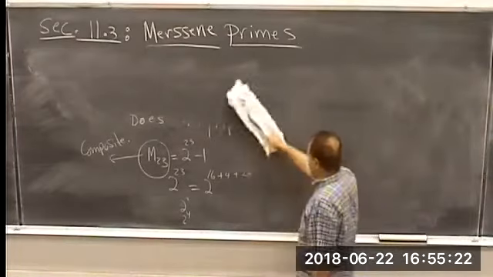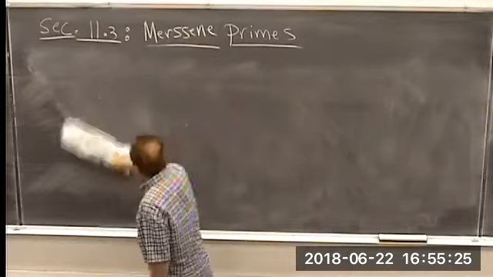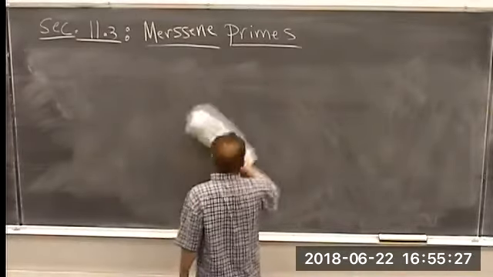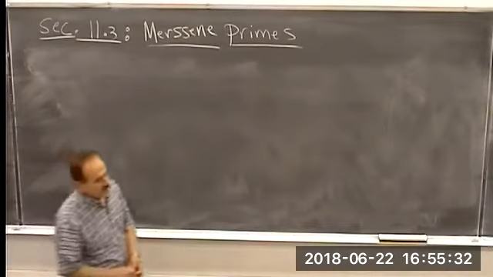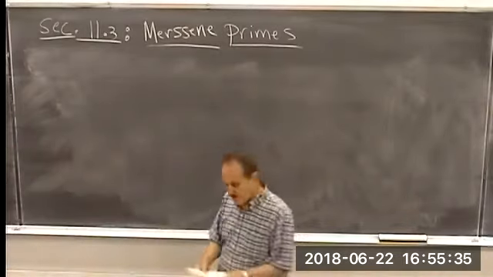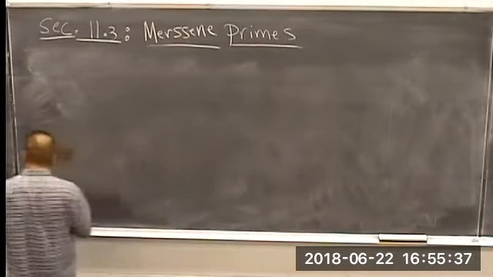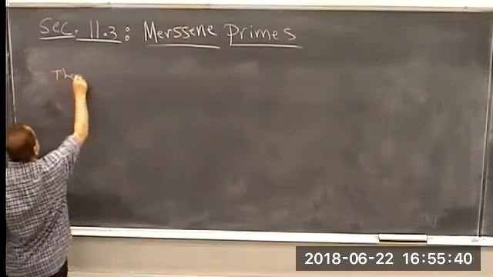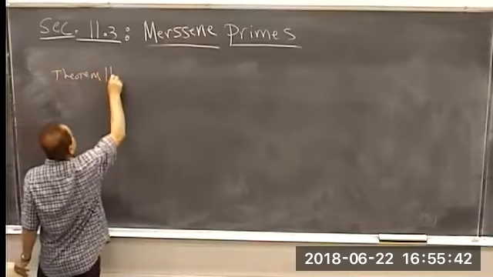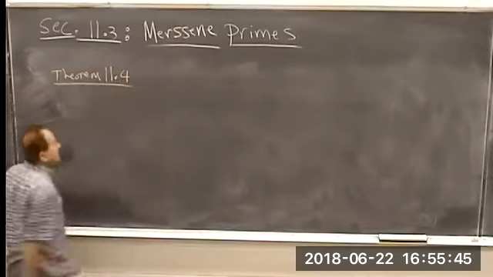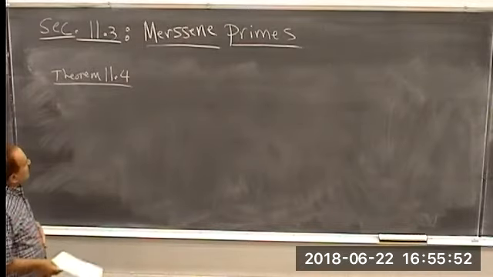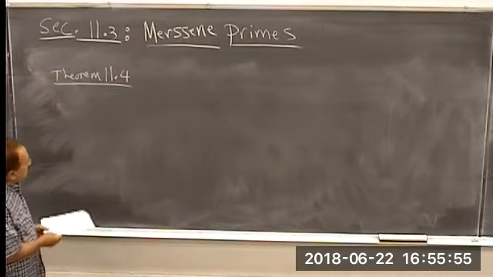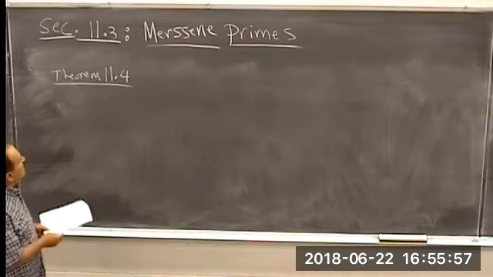And this is actually the next theorem, and it's even a little more general than this. It doesn't have to have the form that the Mersenne primes have, M sub P. So here's Theorem 11.4. We're going to put some extra conditions on Q to ensure that it will divide M sub P or M sub P plus 2.